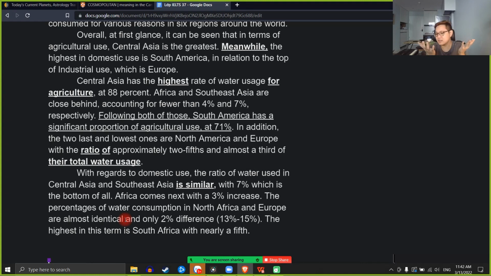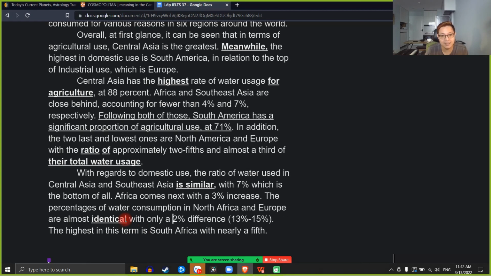Identical means they are similar. Identical là nó gần giống y chóc, y chang nhau luôn á. Almost identical and only. Với chỉ có cái sự khác nhau 2%. With only a 2% difference. Với chỉ có một, nè, sự khác biệt 2% thôi. With only a 2% difference.